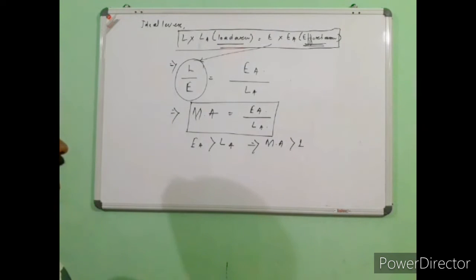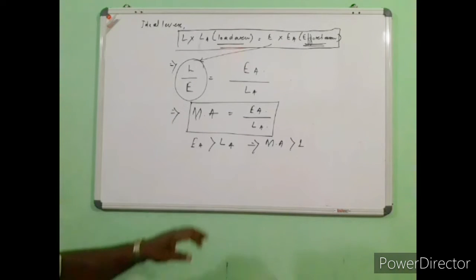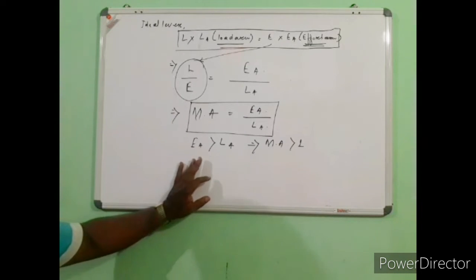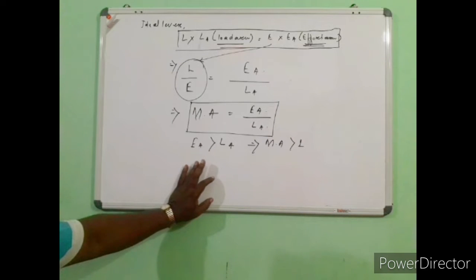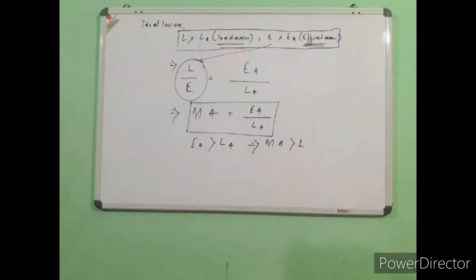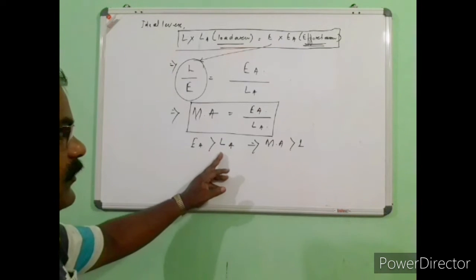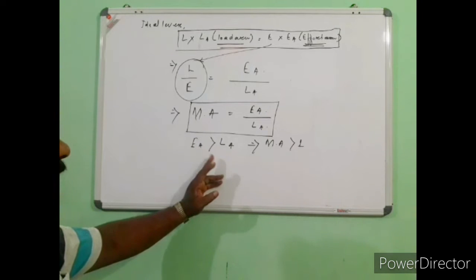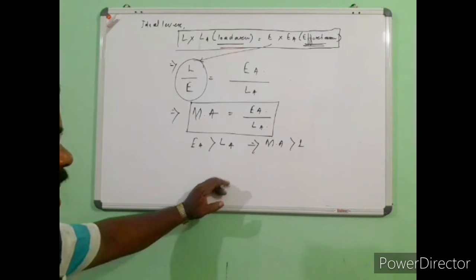Now in case of a machine, if you want to increase the mechanical advantage, the effort arm should be much more in comparison to the load arm, or in other words the load arm should be quite less in comparison to the effort arm.